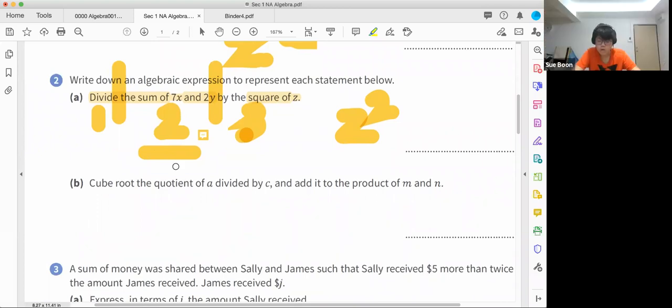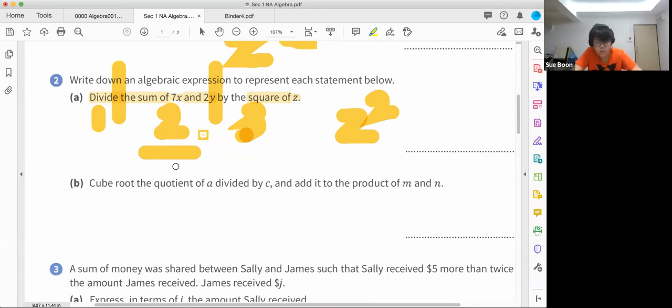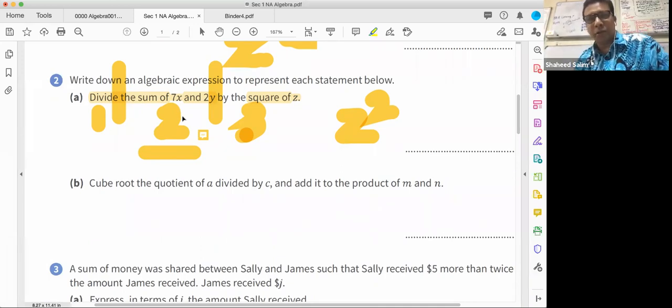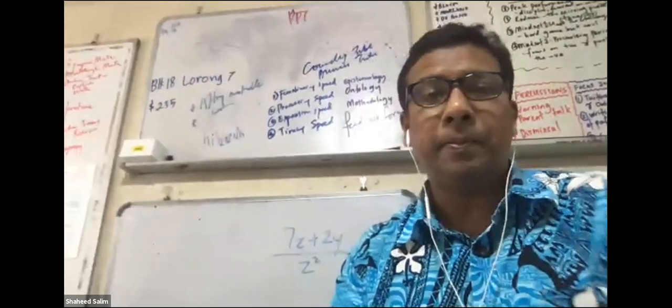Okay, what is quotient? Let's see, do you know what a quotient is? Okay, quotient. So now this one, they use difficult words, but this is actually primary school.